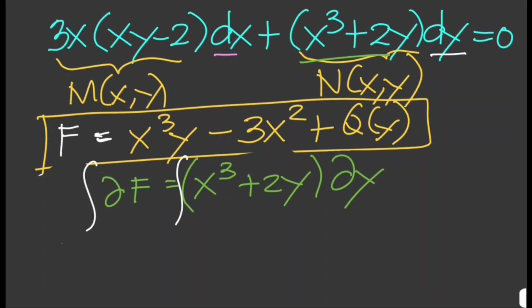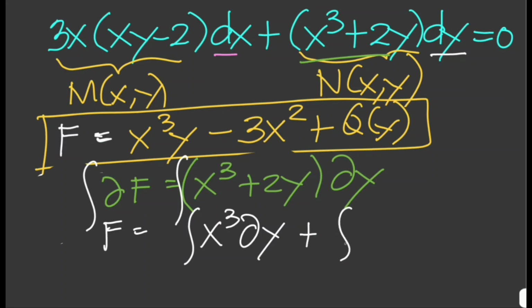Right. Again, we're dealing here with partial derivatives. So we are integrating here with respect to y. So that means all of the terms that have no y in it will be considered as constants. So the integral of df would be f. Then this one we can split as the integral of x cubed dy plus the integral of 2y dy.